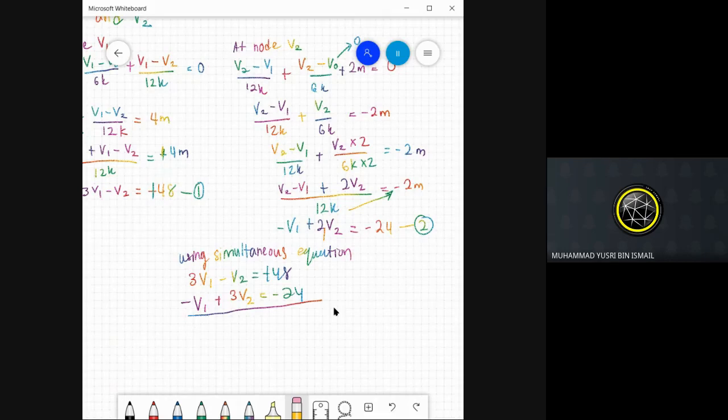Select two unknown. The first unknown is 3, -1, 48, -1, 3, and -24. So V1 is equal to 15 volt, V2 is equal to -3 volt.